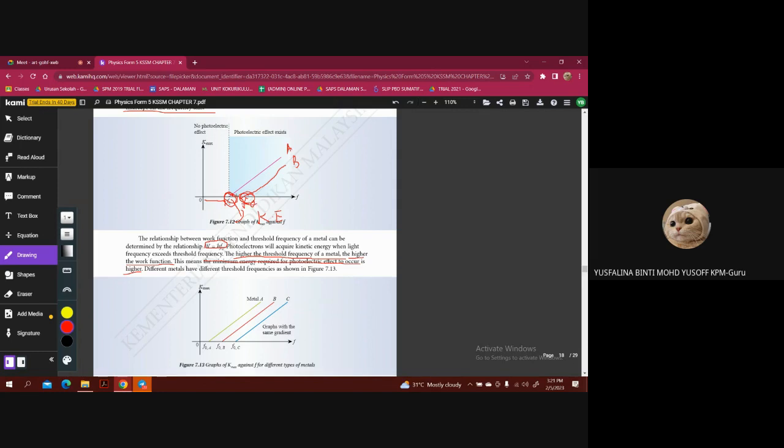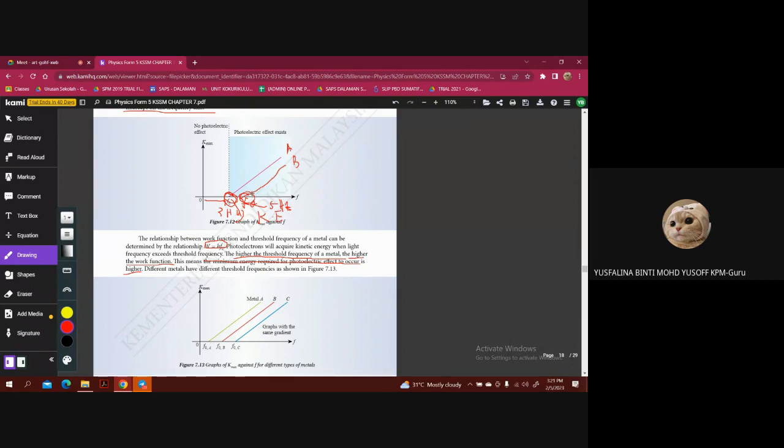Let's say I take just now 3 hertz, and let's say this is 5 hertz. This is only the threshold frequency. For A, the photoelectric effect can already occur at a frequency of 3 hertz. But for B, it needs more, like 5 hertz, then the photoelectric effect occurs and the electron comes out from the metal surface.